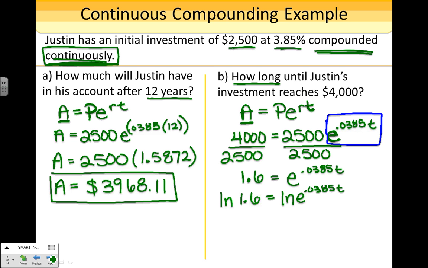So use our power rule to bring down our exponent times the natural log of E. And we know this is why we use natural log, because the natural log of E is just going to be 1. Because I have a base of E, and I need to get an answer of E. So E raised to the first power is equal to E.